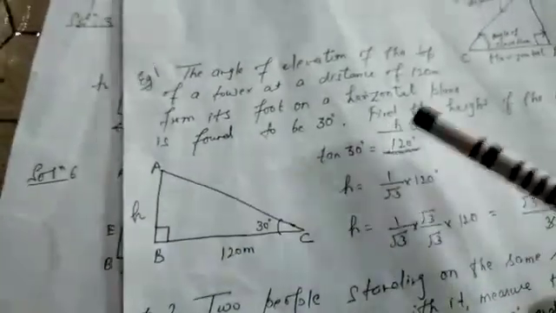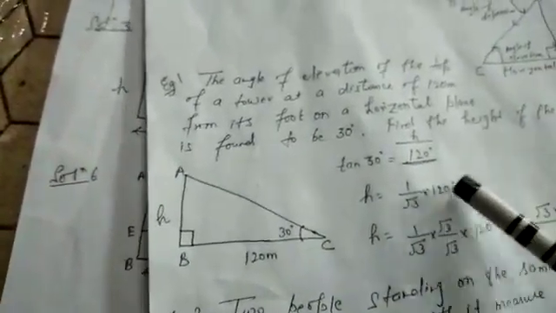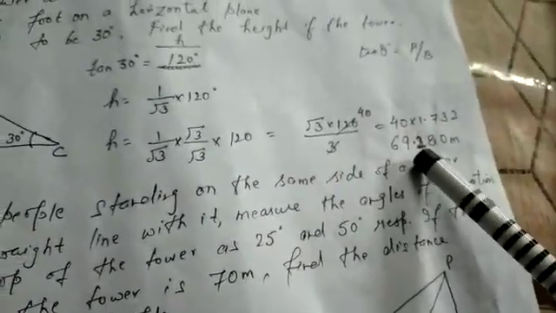So tan 30 is equal to h upon 120. h is equal to 120 into tan 30. The value of tan 30 is 1 by root 3. Solving this, the answer has come 69.280 meters. Okay, simple. In trigonometry the calculation is very simple.